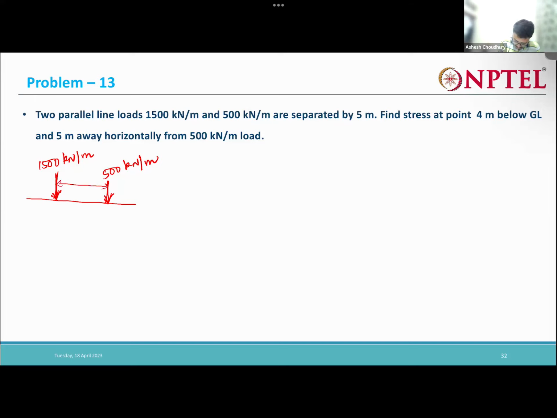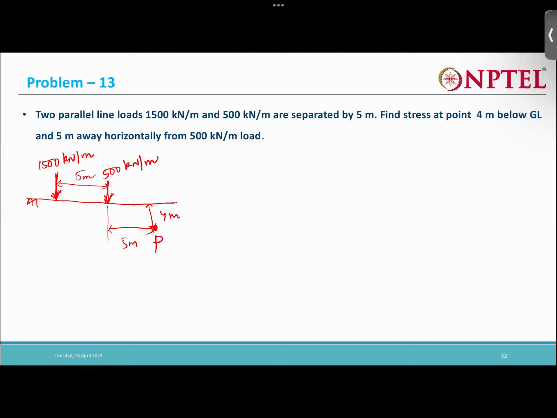Here is the point P, and this is the ground level. This is 4. At this point P, we need to find the stress.